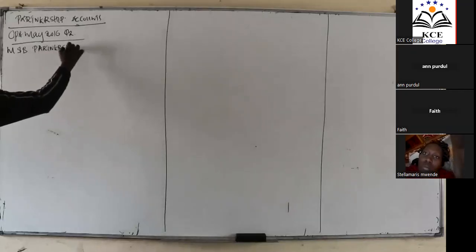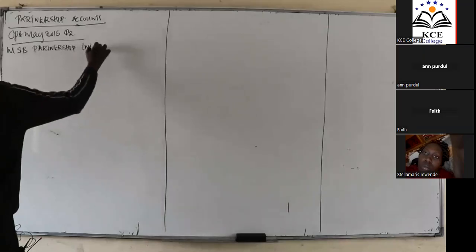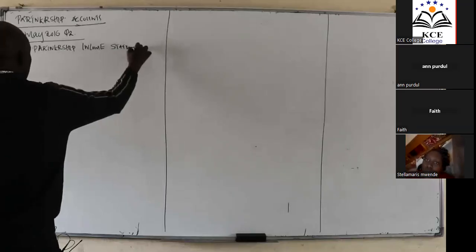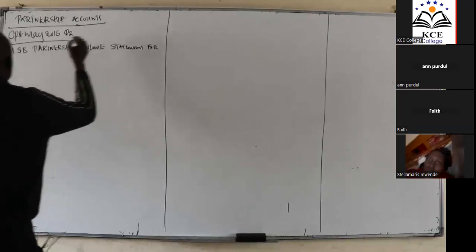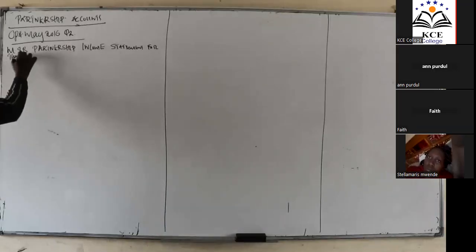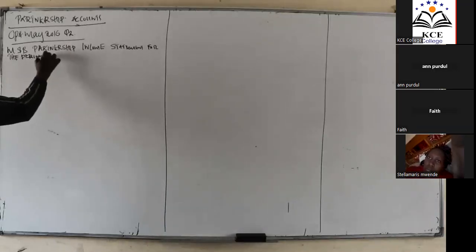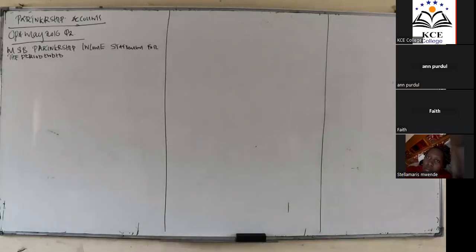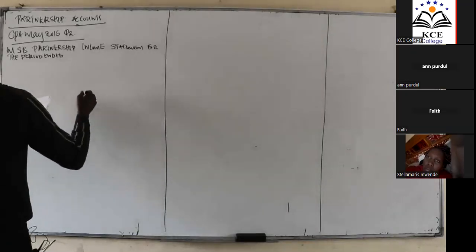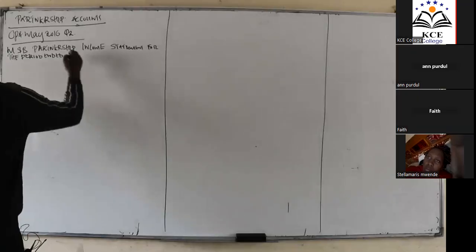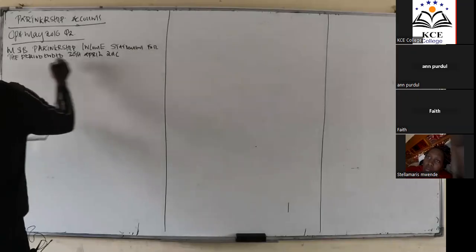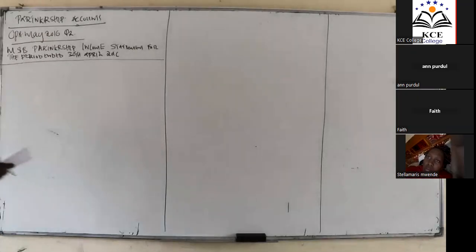Income statement for the period ended 30th April 20, and then you underline.